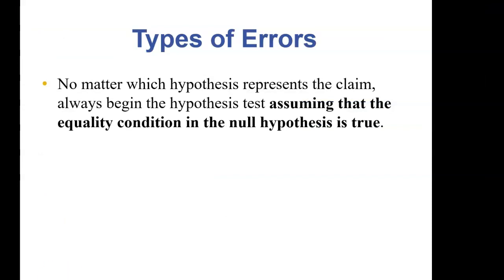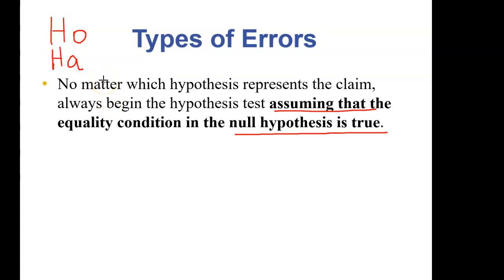Types of errors. So no matter what your hypothesis is, you always assume that your equality, which is your null hypothesis, is true. So what do I mean by that? Remember, when you start your hypothesis testing, you have your H naught and you have your HA, which is your alternative hypothesis, correct?